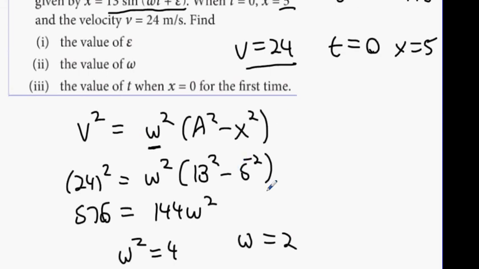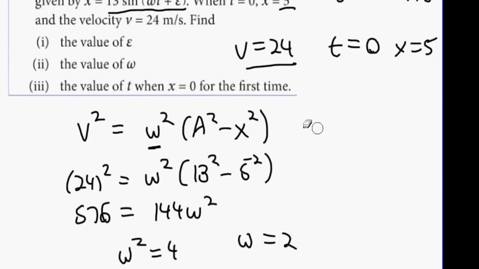Next: find the value of t when x equals 0 for the first time. Here's what's going to happen.